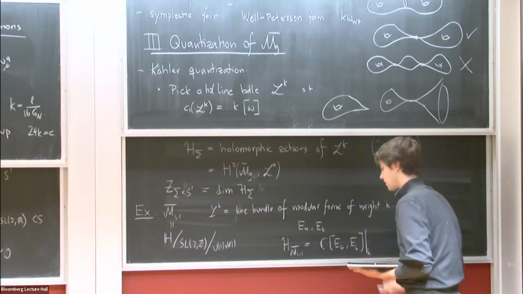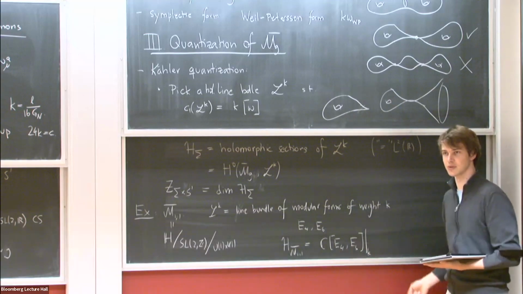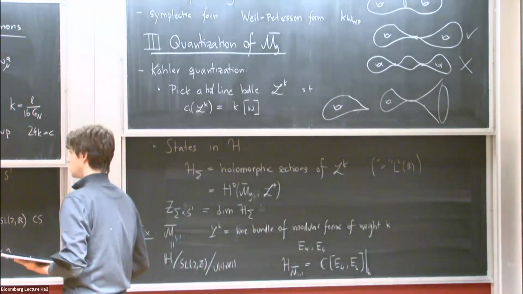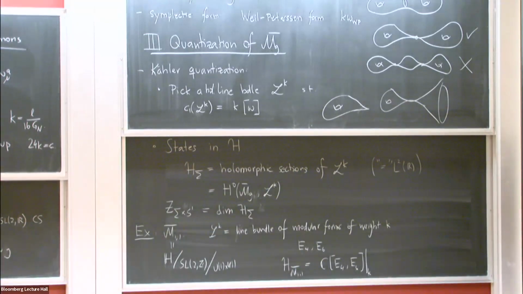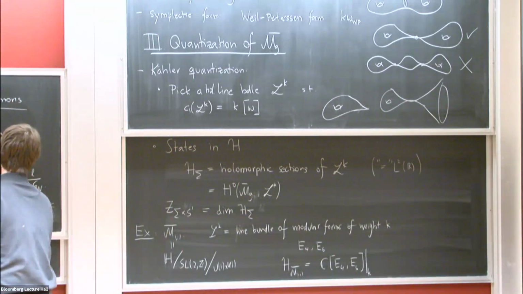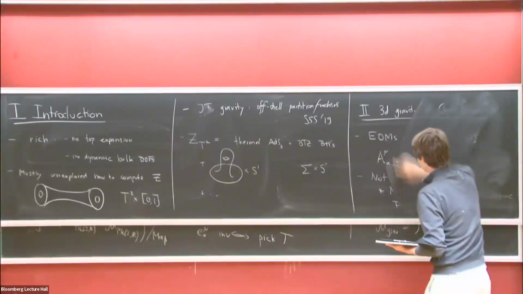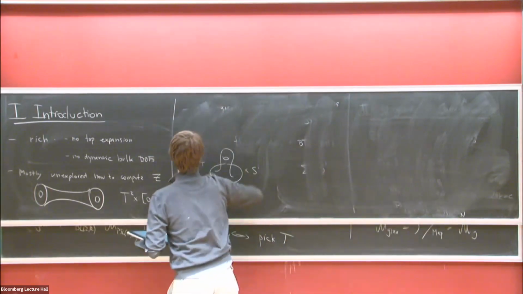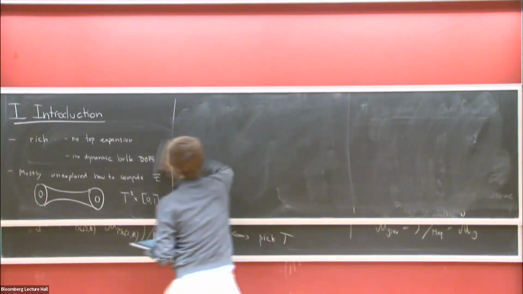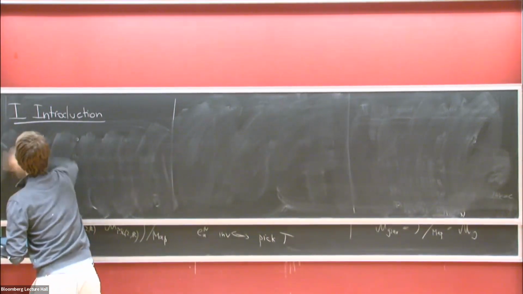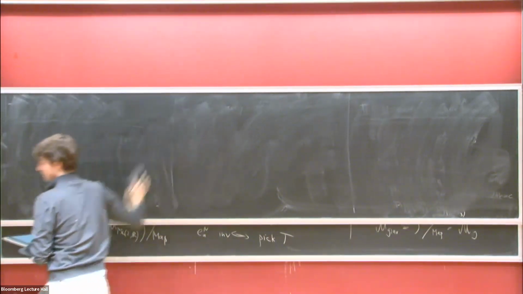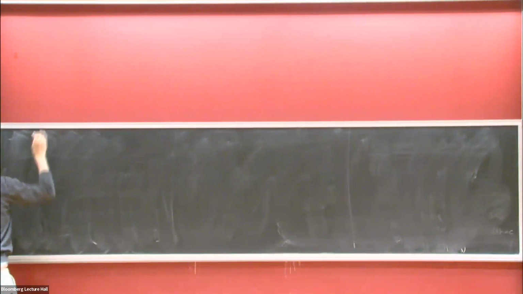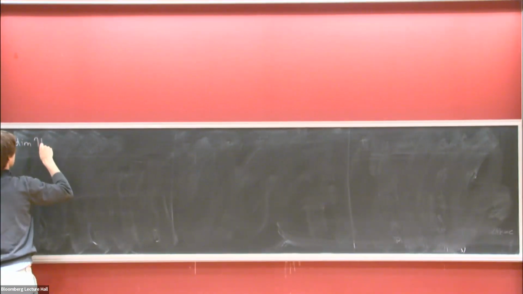That's some Hilbert space. And knowing that it's generated by E4 and E6, we can simply compute its dimension.